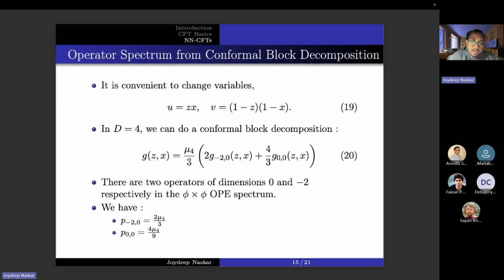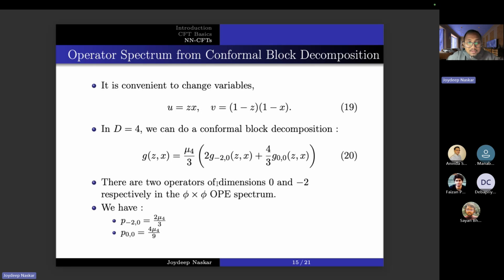The small g that I had can be written as blocks of two operators, one that has a scaling dimension -2, and the other that has a scaling dimension 0. And we have these numbers appearing from the conformal block decomposition, which depend on the moments.